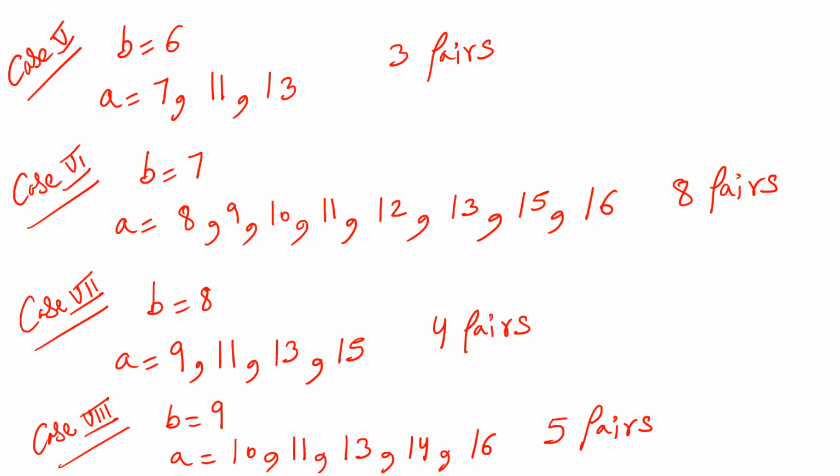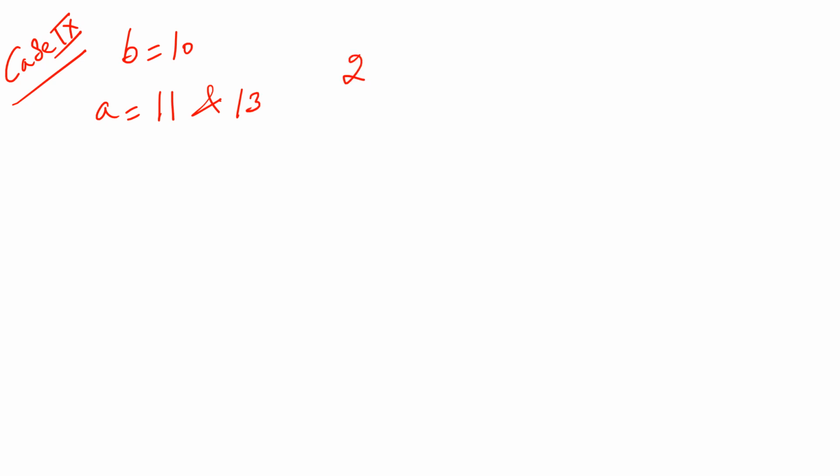Now students, we discuss the remaining cases. Now students, we discuss the ninth case. In the ninth case, b equal to 10. When b equal to 10, then the possible values of a are 11 and 13. So that means we have 2 pairs.